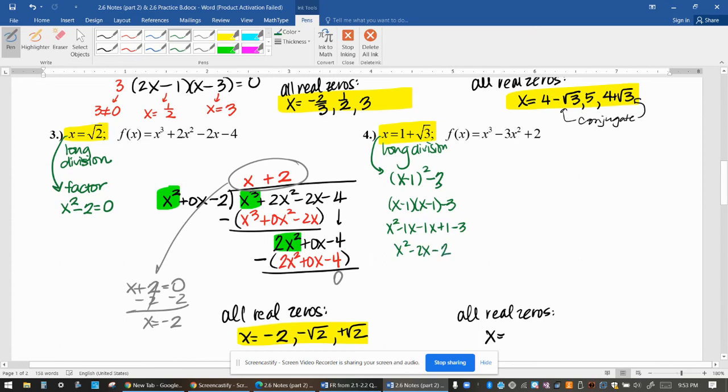So according to the steps, I'm going to use this 0 to find the rest of the zeros. I have to use long division, so I had to multiply out the factored form. I got x squared minus 2x minus 2, and now I can divide it into x cubed minus 3x squared. Notice it's missing the linear term.